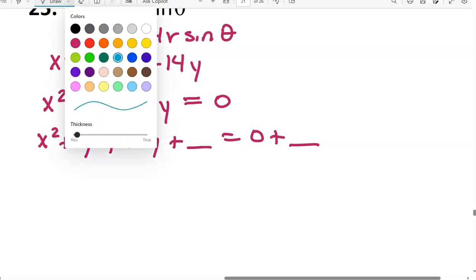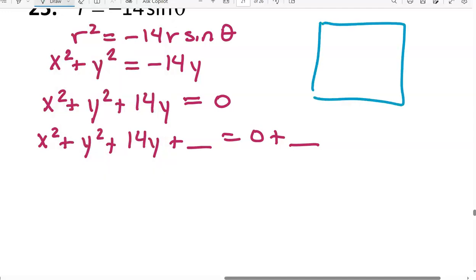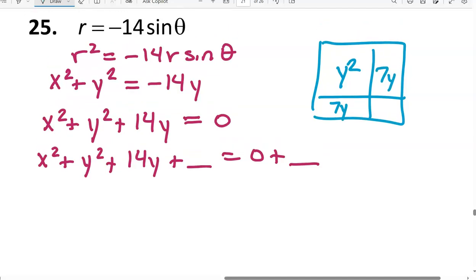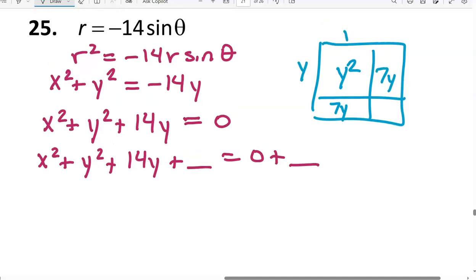If you want to draw a square to actually help with completing the square, we have y squared plus 14y, which divides into 7y and 7y. That means that the factors of this polynomial are going to be y plus 7 times y plus 7, and the literal completion of the square is 7 times 7, or 49.